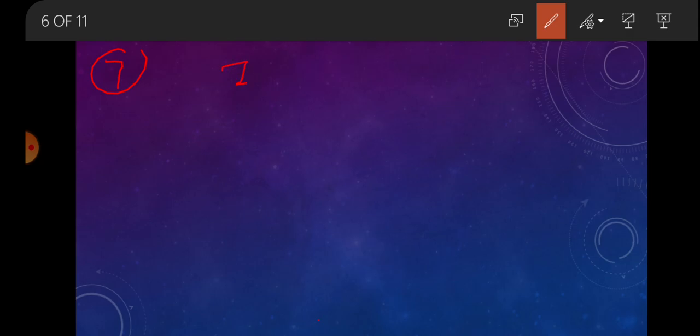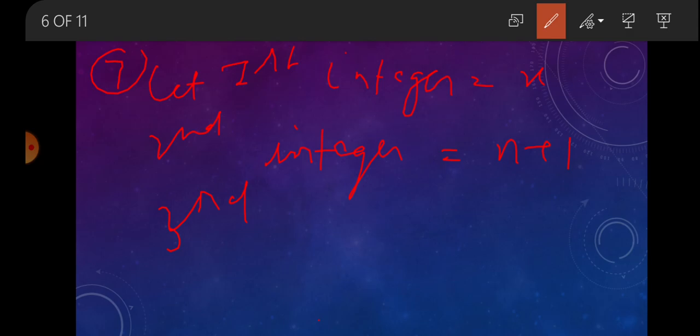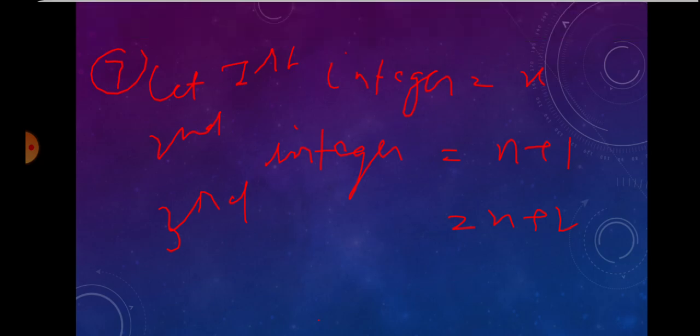Okay, first integer, always place a let there, let first integer is equals to x, second integer is equals to x plus 1, third will be x plus 2. Now question says the sum of square of first and product of two others. So first we have assumed x, so we will square it and take the product of the other two.